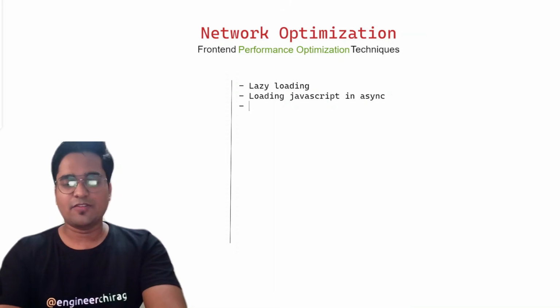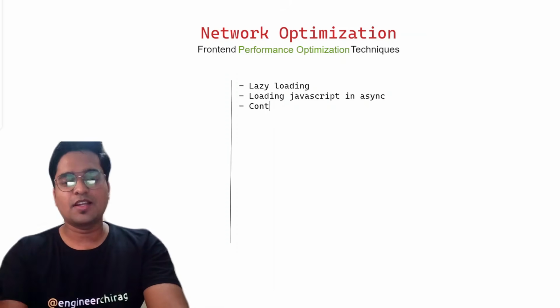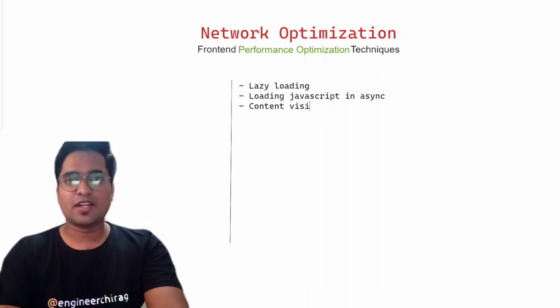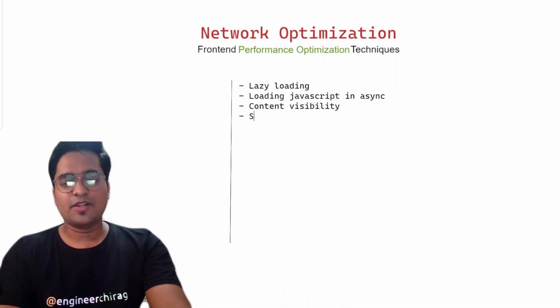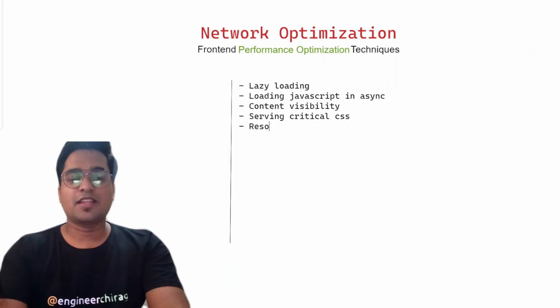What else? We will be talking about content visibility, which is a very important and cool technique. We will be talking about serving critical CSS and the techniques to do that. We will be covering resource hints.